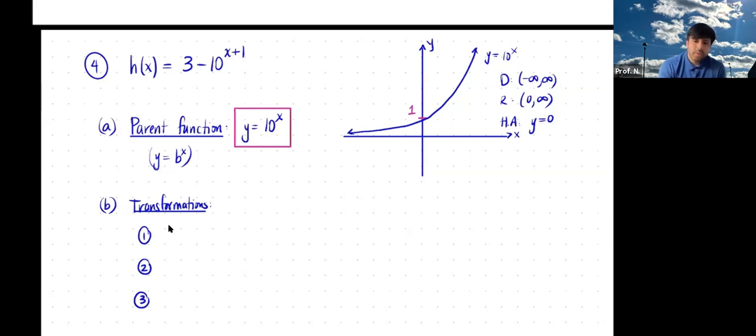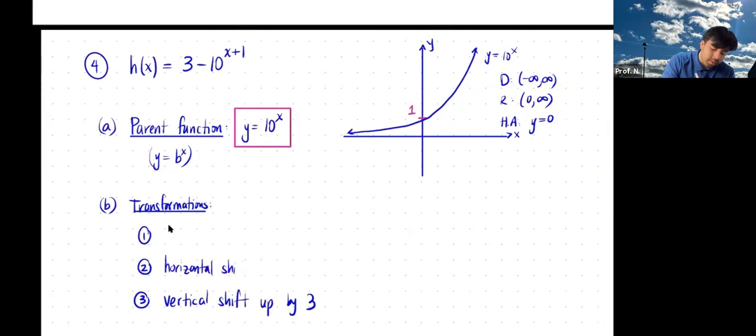So there's a vertical shift upwards by 3. That's right. Usually we leave that to the end. So that's a vertical shift up by 3. I moved to the left by 1. That's right. So it's a horizontal shift to the left by 1. And I do have a reflection because of that negative in front of 10.